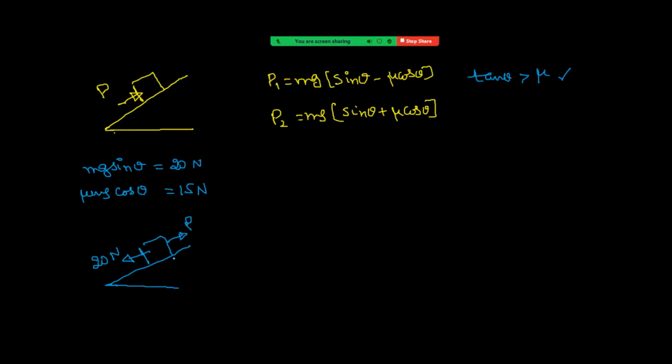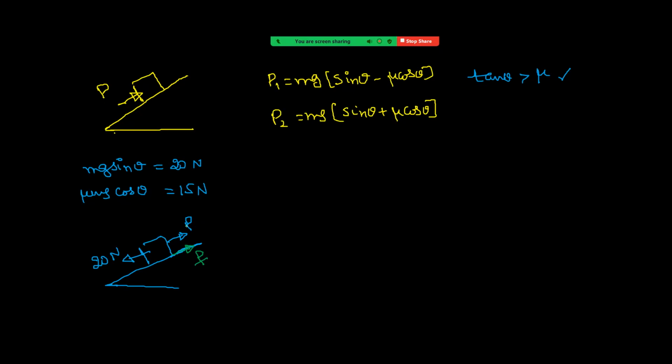Frictional force depends on these two forces. 20 is fixed, and the limiting friction is 15. I'm taking the friction as F, which may be up or down. Condition 1: suppose P equals 0.